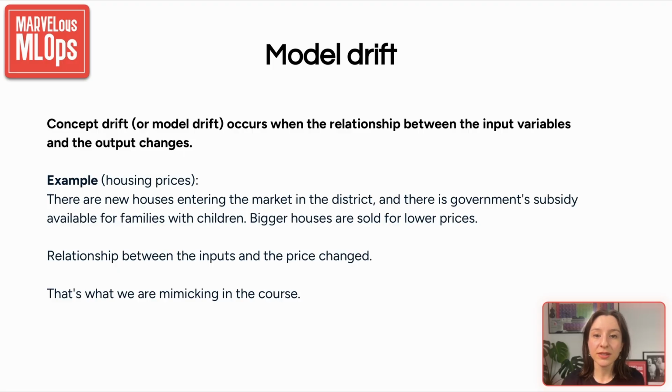Suppose new houses enter the market and the government introduces a subsidy for families with children. As a result, larger houses start selling for lower prices. This is a shift in the underlying relationship between features like house size and the final price. Even if the input data distribution doesn't change much, the model's predictions will become less accurate because the rules it learned no longer reflect reality.